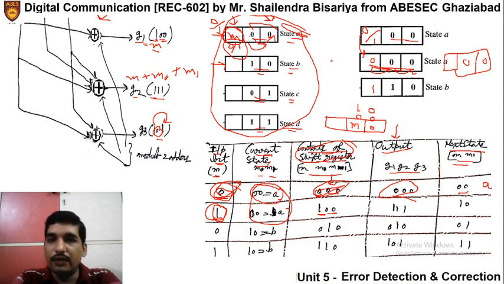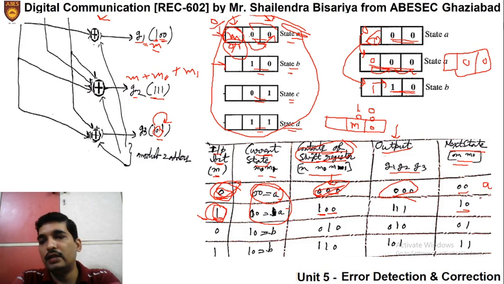While if the present state is A and the input is 1, right? So the input is 1, so this 1 is coming here, so it becomes 1 0. So the next state is 1 0 if the input is 1. That means the next state will become B if the input is 1.